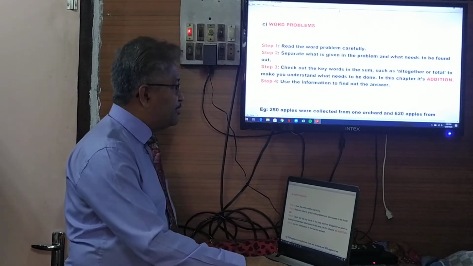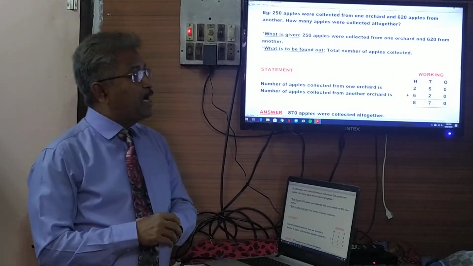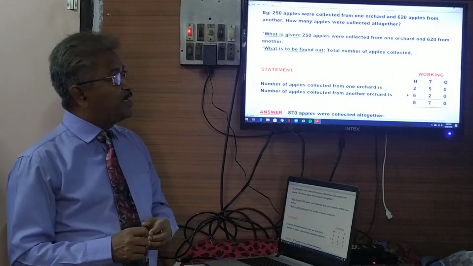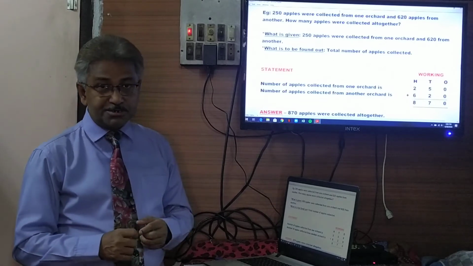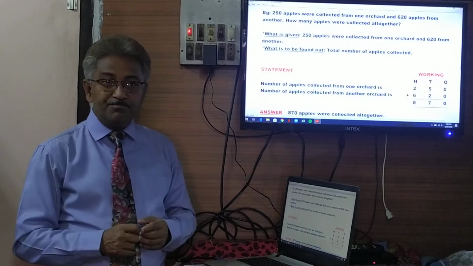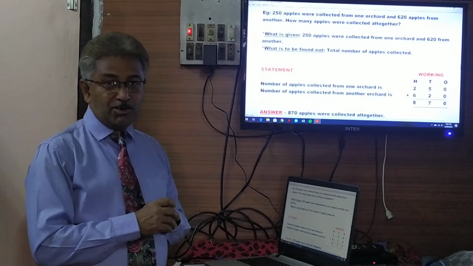Let's take an example. 250 apples were collected from one orchard and 620 apples from another orchard. How many apples were collected altogether? What is given in the sum? First we need to find out that.